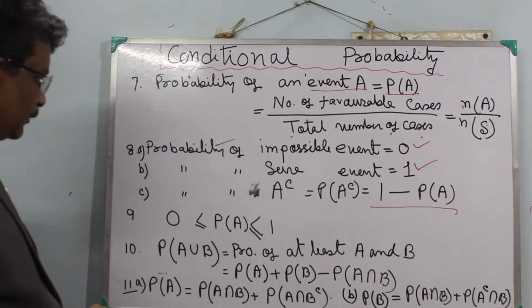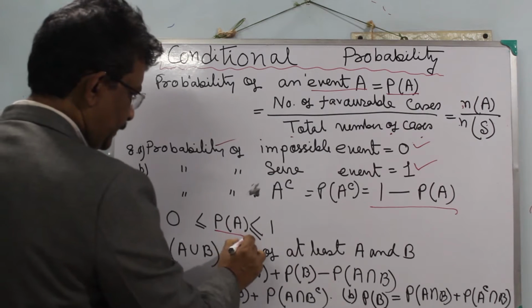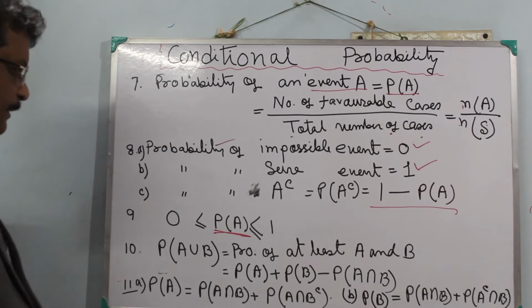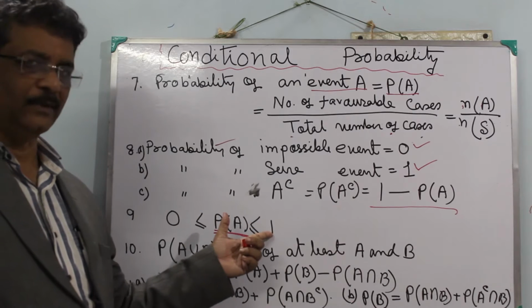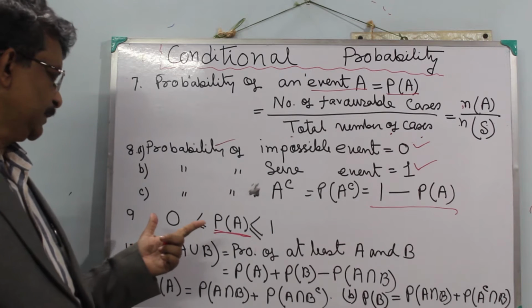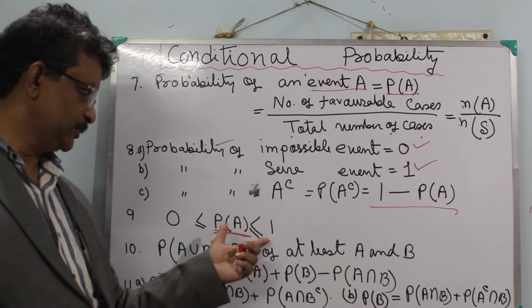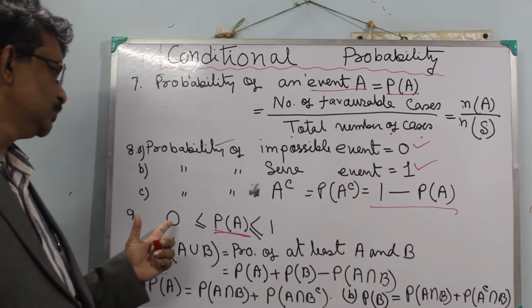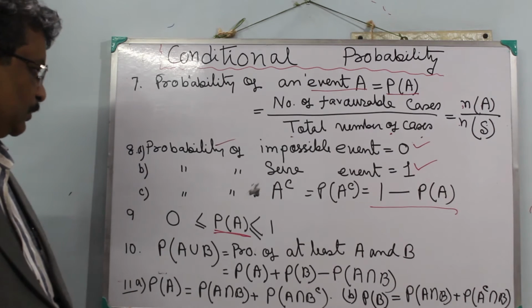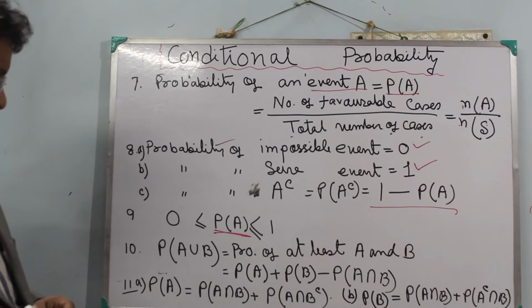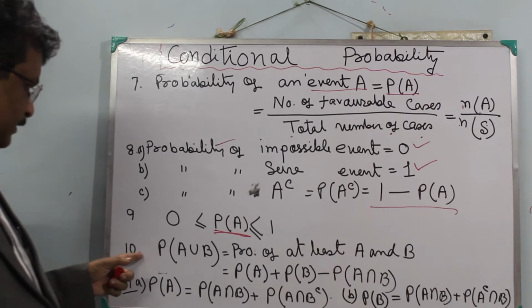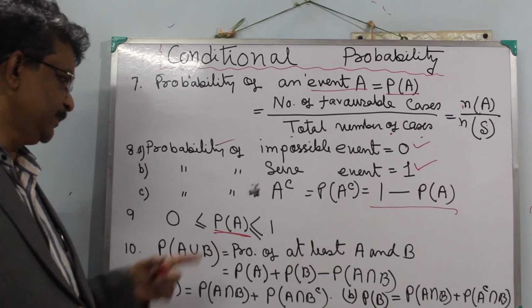9. Probability of A, any probability must lie between 0 and 1. It must be greater than or equal to 0 and less than or equal to 1. It cannot be negative or greater than 1. What is the probability of A union B?